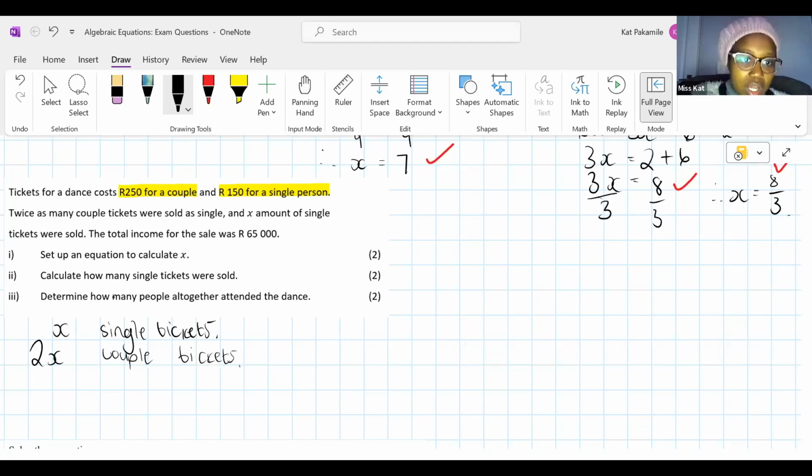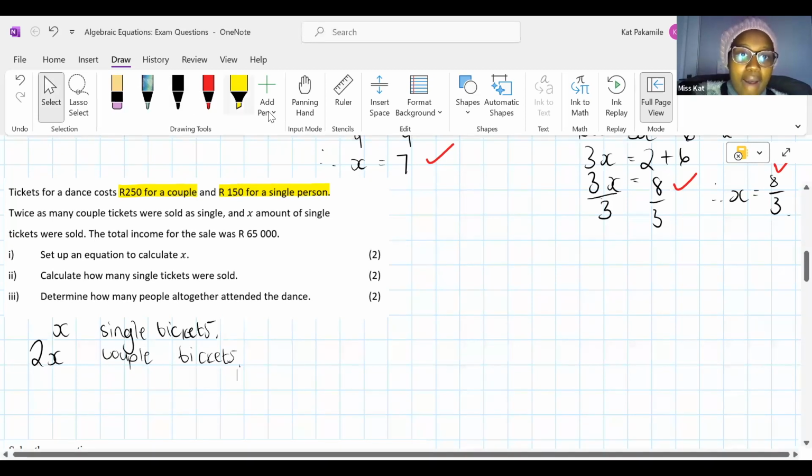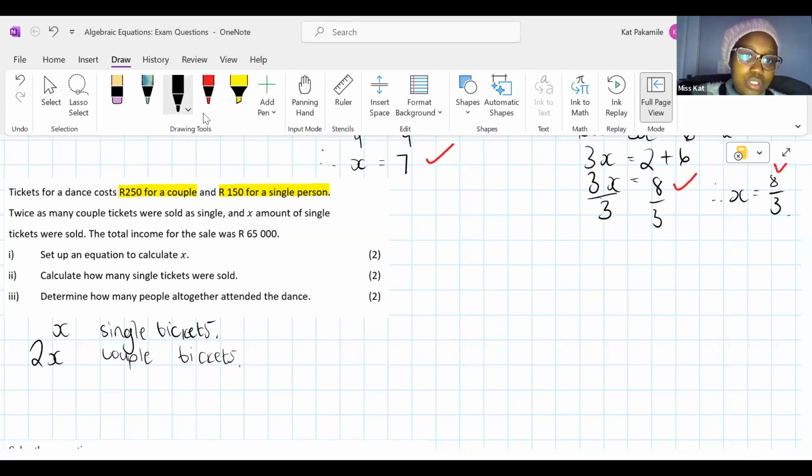There we go. The total income for the sale was 65,000 Rand. Set up a calculation to calculate X. How would you calculate X? So now we need to know what X is.